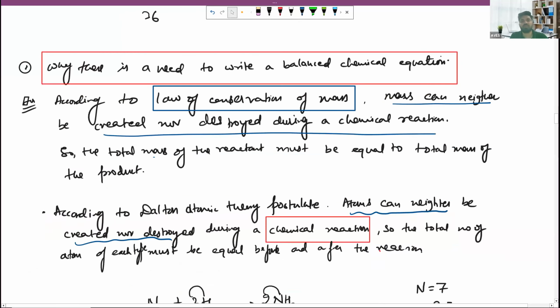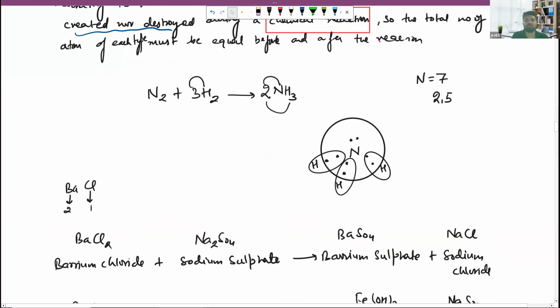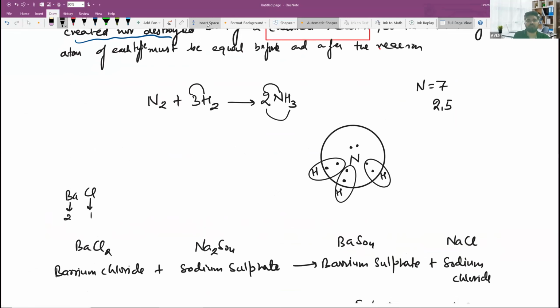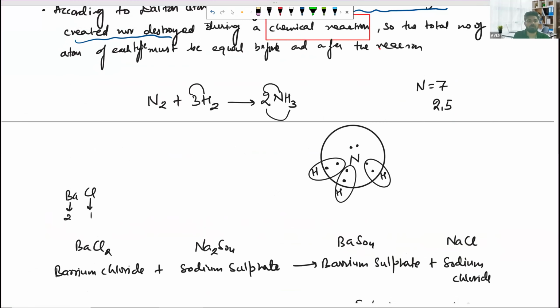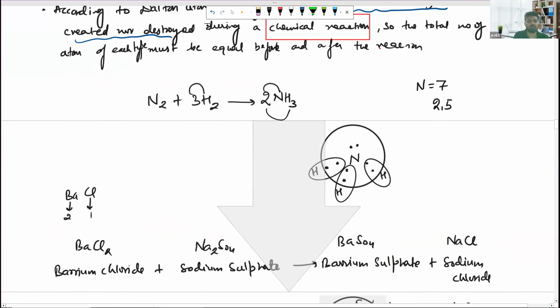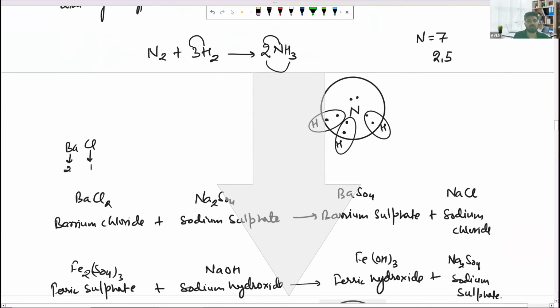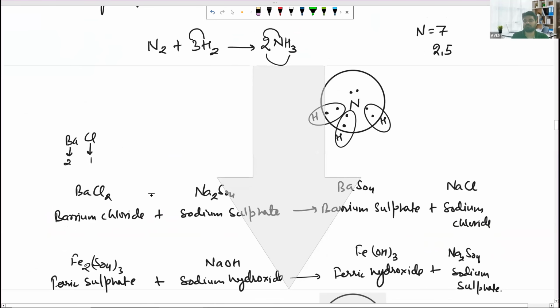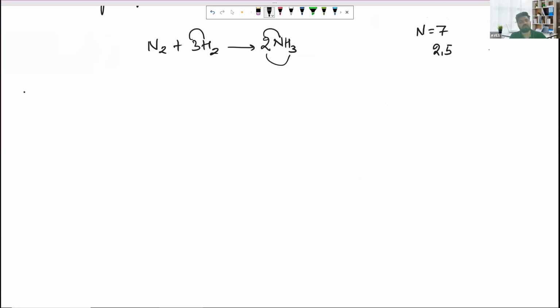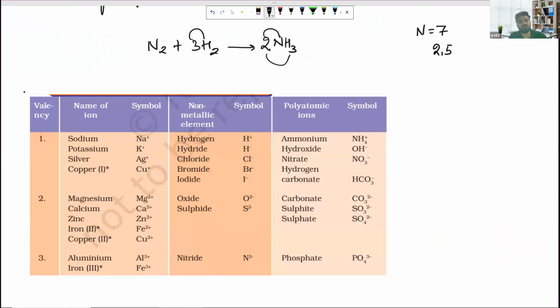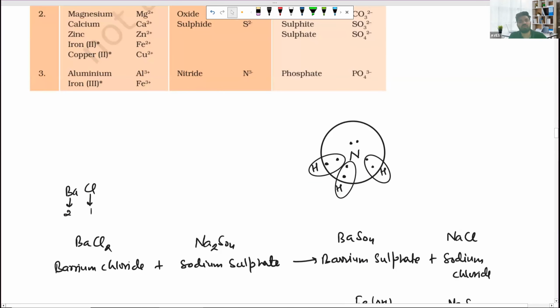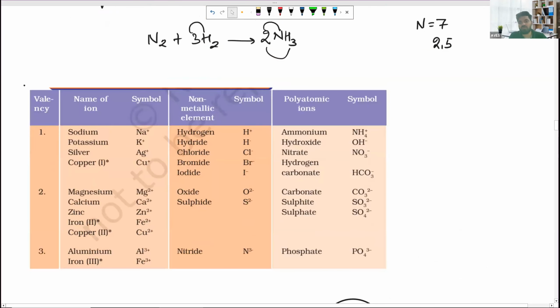And how to write the chemical formula of the compound. So this is the valency chart that you have to memorize so that you can write the chemical formula of the compound.